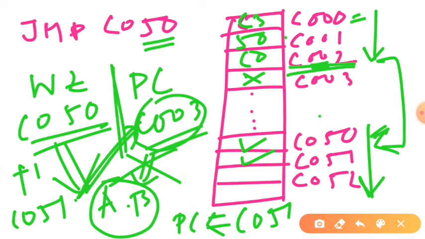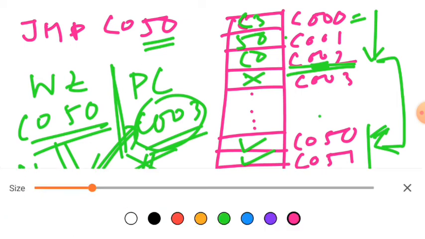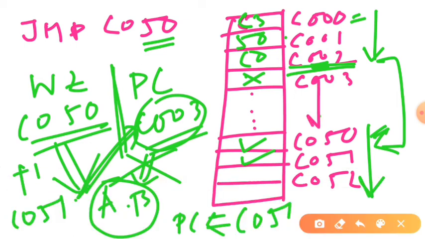No longer will the earlier sequence be used. After C003, C004, it will not be used. So we have a branch from C002 directly to the C050 memory location.